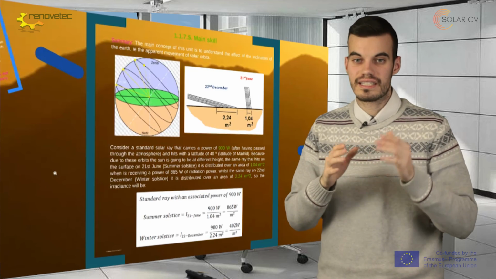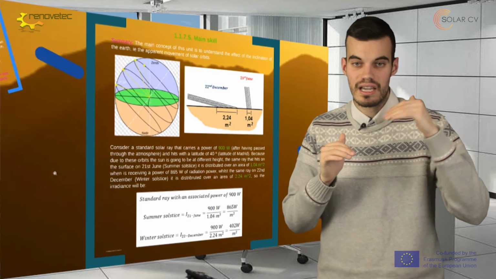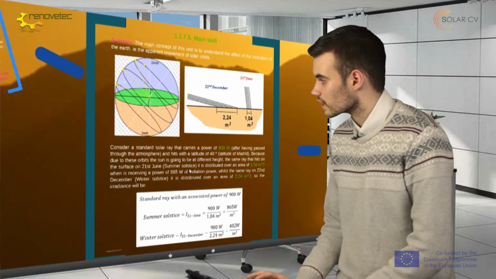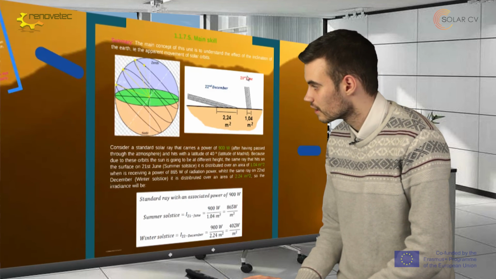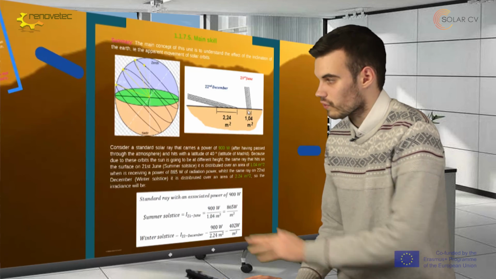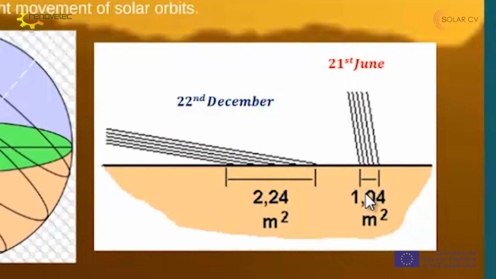The difference is the incidence angle, because in June we are going to have here the sun, and the surface, for example, for this case, is going to be 1.04 meters square, whilst for the winter solstice we are going to have this square.